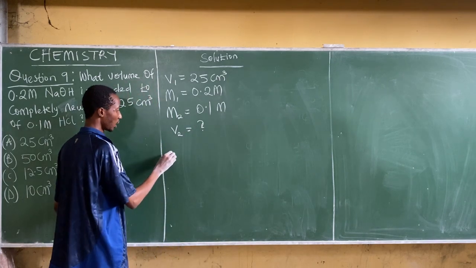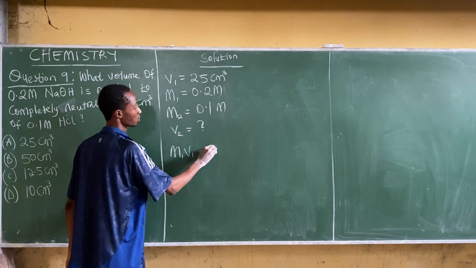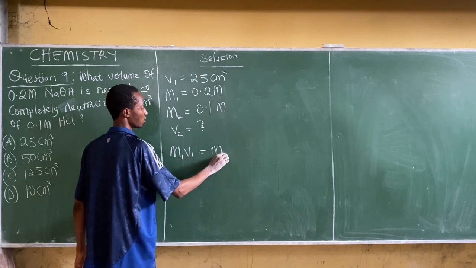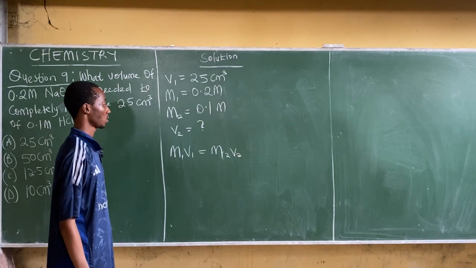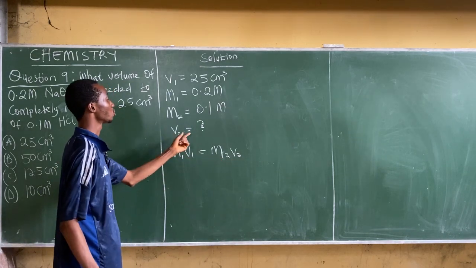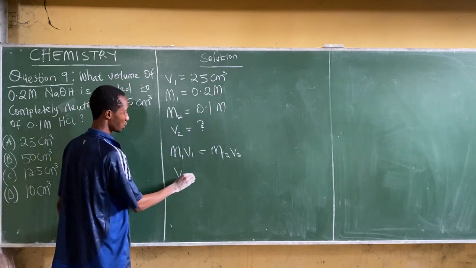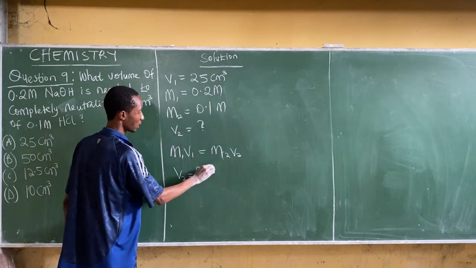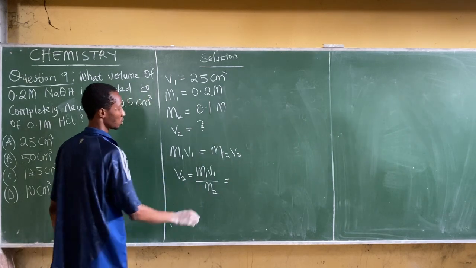Now recall the formula. M1 V1 is equal to M2 V2. If we make V2 the subject of the formula, since we are looking for V2, we have V2 is equal to M1 V1 over M2.